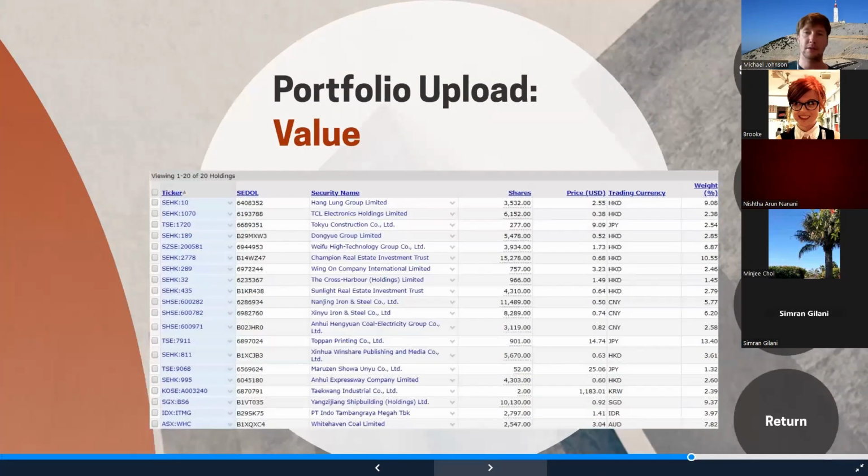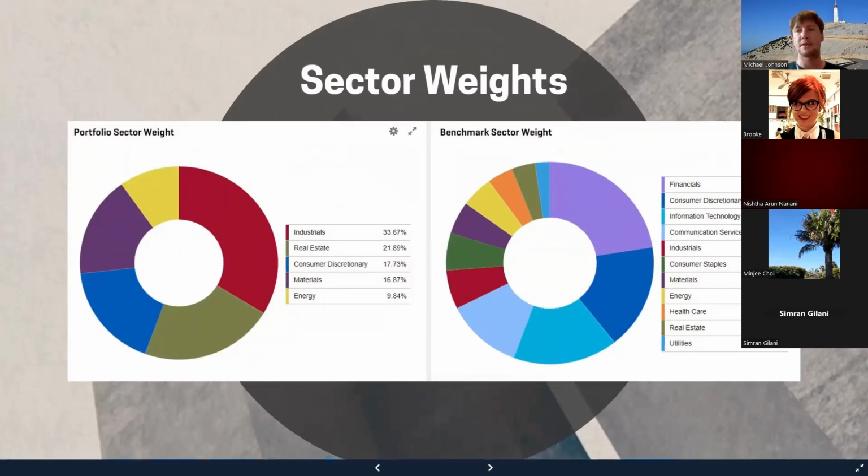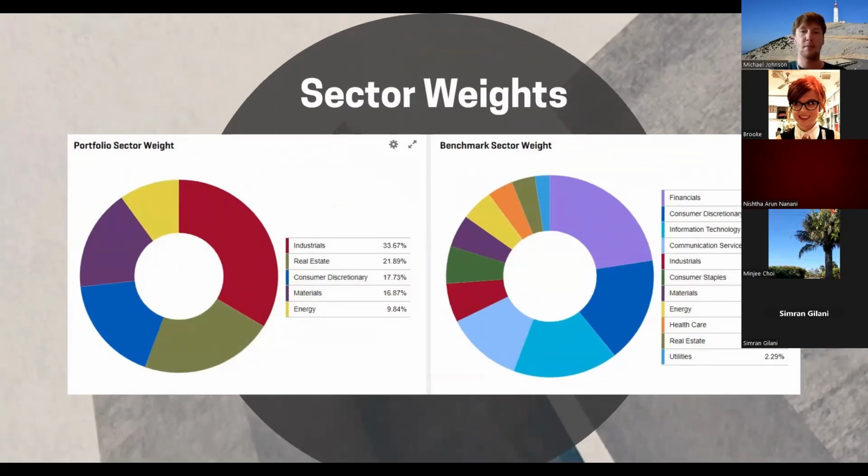So then portfolio analytics. It's good to have a diversified portfolio. The number one key to investing is diversification.